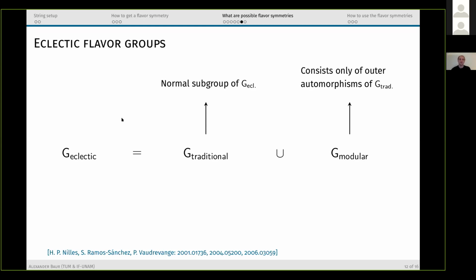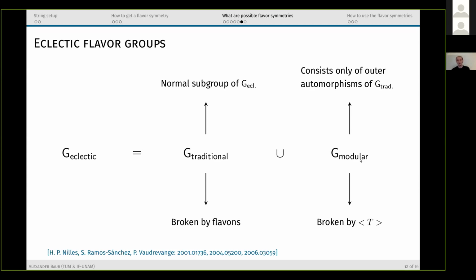Okay, so the last step is, of course, when we look at physics at the energy scales that are now available, we do not really see this symmetry, so it has to be broken somehow. Therefore, the traditional flavor symmetry we can break by, for example, introducing flavons.